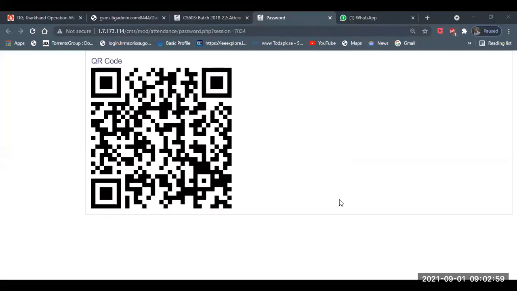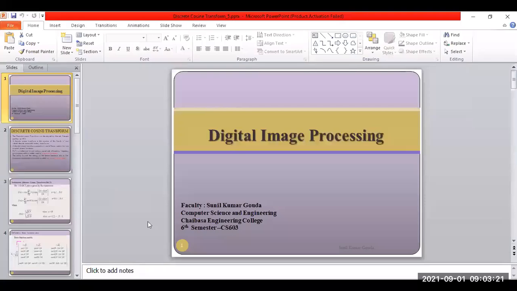The first point: whenever the image is converted to the frequency domain using DFT, the actual frequency domain representation is in complex format, because the image is represented as the modulus of F of u, v times e to the power of minus j pi uv. This is a representation, and the representation in the frequency domain is in complex format.